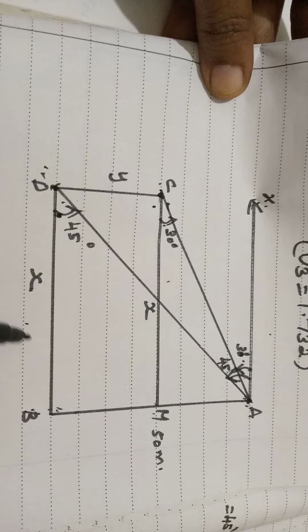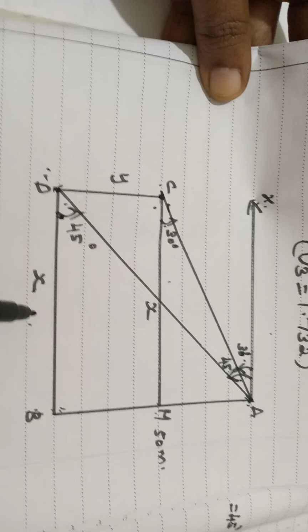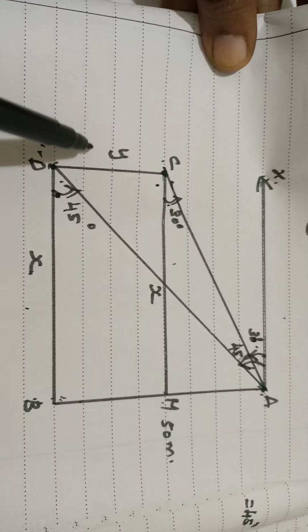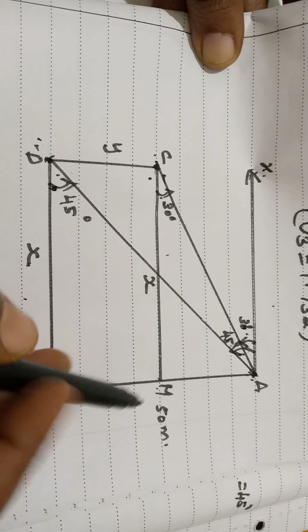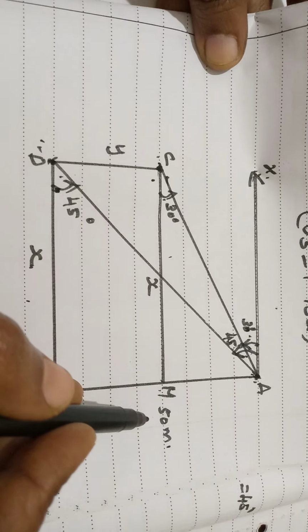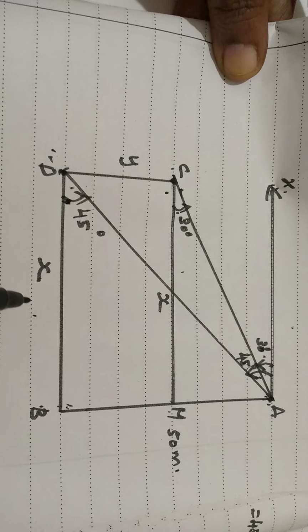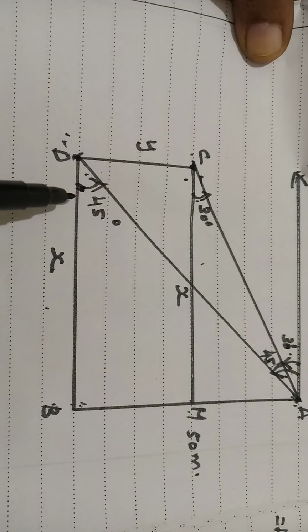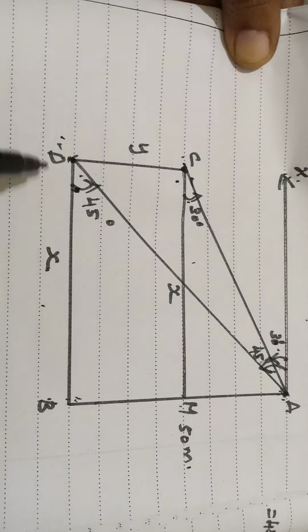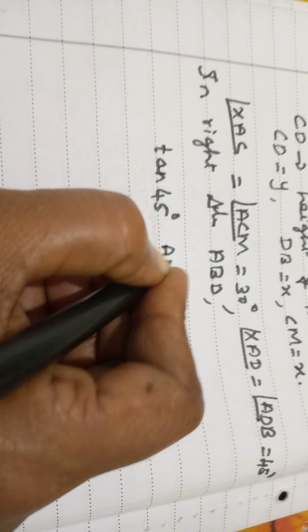Opposite side value is there, adjacent we need, then only this height we can find out. Here theta is mentioned, so tan ratio can be used. Tan theta equal to tan 45 equal to opposite by adjacent, that can be written: tan 45 equal to AB by DB.